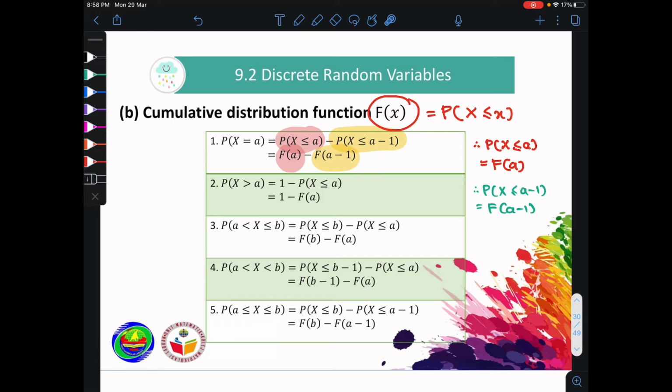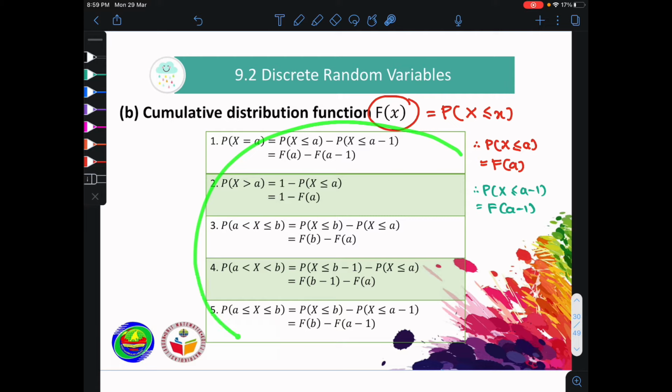And the last one, probability of a ≤ X ≤ b is also equal to P(X ≤ b) minus P(X ≤ a − 1), and this is equal to F(b) minus F(a − 1).